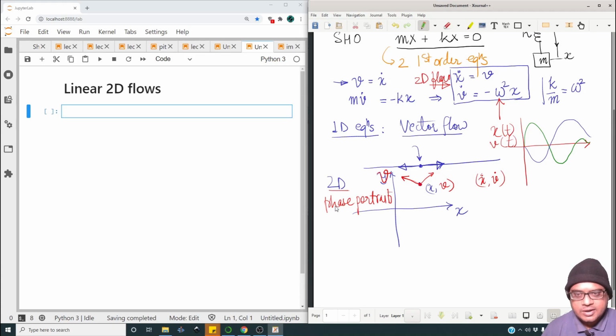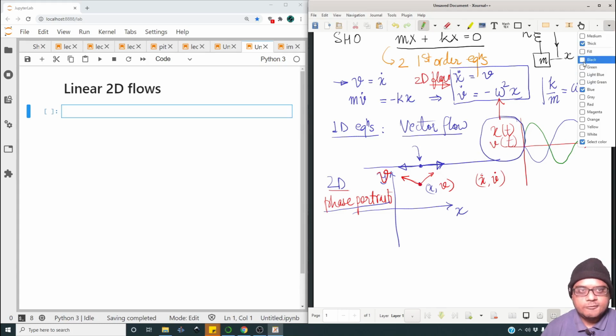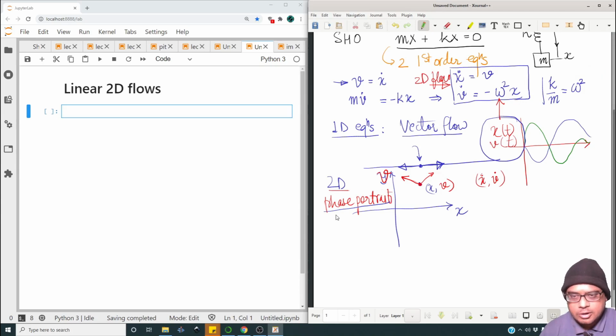So essentially we are parameterizing these time series with the help of this two-dimensional plot. Here the time no longer comes into the picture. It is just the trajectory in the phase space.